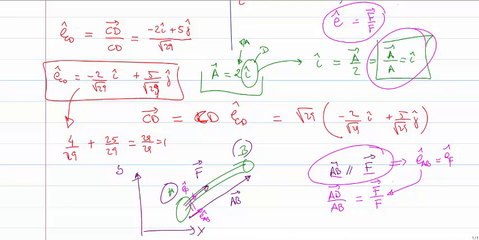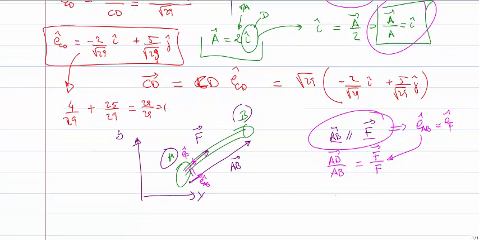Hence, as we apply the formula and the definition of the vector, we're going to put this. And now we can solve for vector F. Vector F is going to be magnitude of F divided by magnitude of AB times AB vector. And I'm going to group those two together.